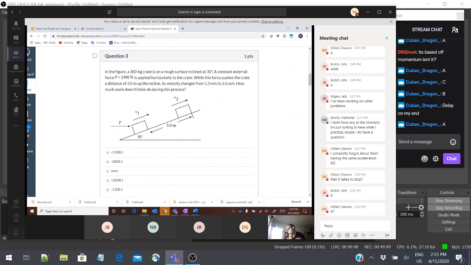How much work does friction do during this process? Ooh, this is a great problem. I like this problem a lot. So let us practice our tactics. Can you identify the concept or concepts that you need to use to do this question?